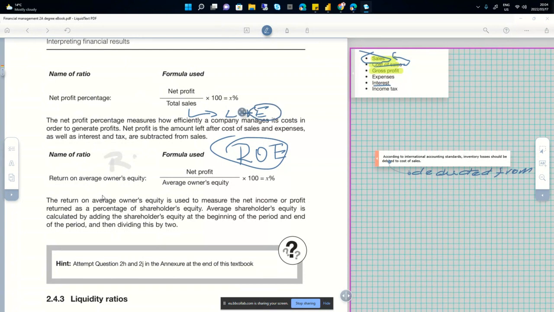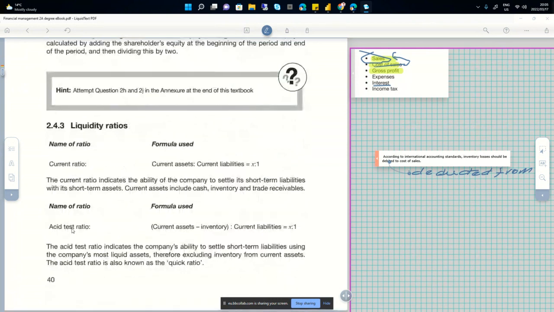And so we just want to now look at this owner's equity and get a feel of how much net profit we have, after deducting everything that is to be deducted: expenses, interest, tax, in order for us to get the very final net profit that the company is making. We divide it by the owner's equity. Right, so these ratios are quite easy and you probably have encountered them, but just reacquaint yourself with them.